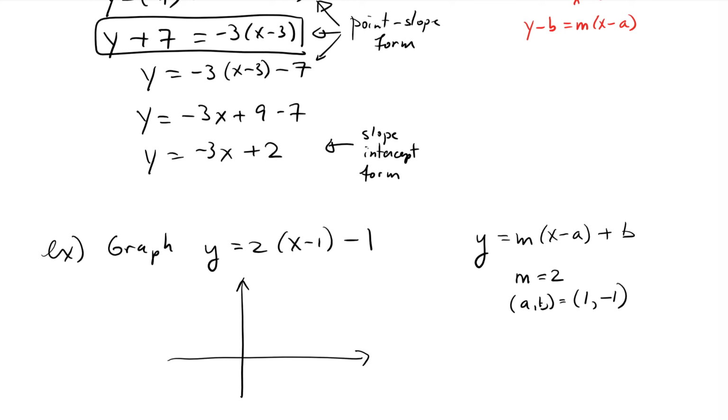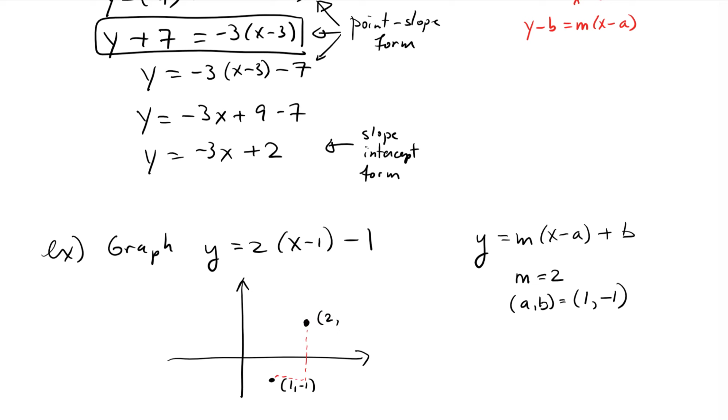If I want to graph this, there are different ways of graphing this. Let's say I use the information I just found. So (a, b), which is (1, -1), right there, is a point on this line, and the slope is 2. So if I go forward by 1, I go up by 2. So I'm going to end up here.